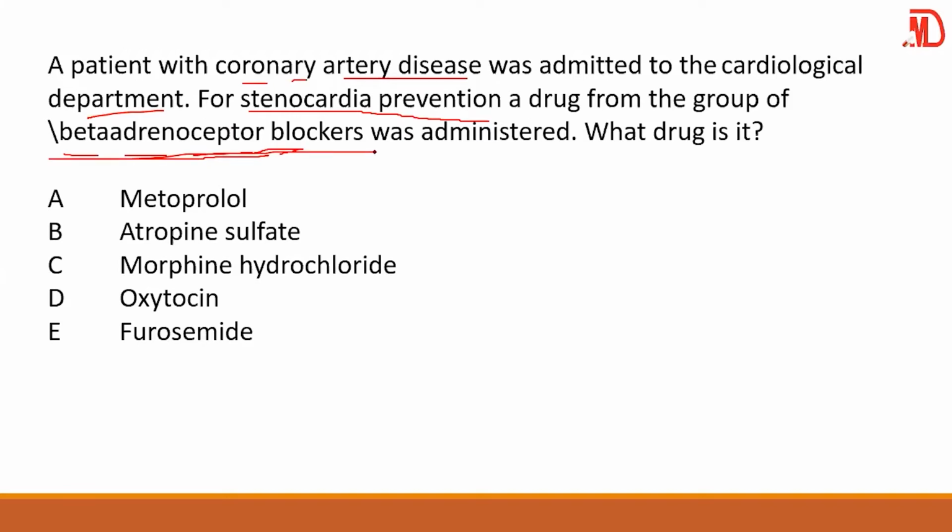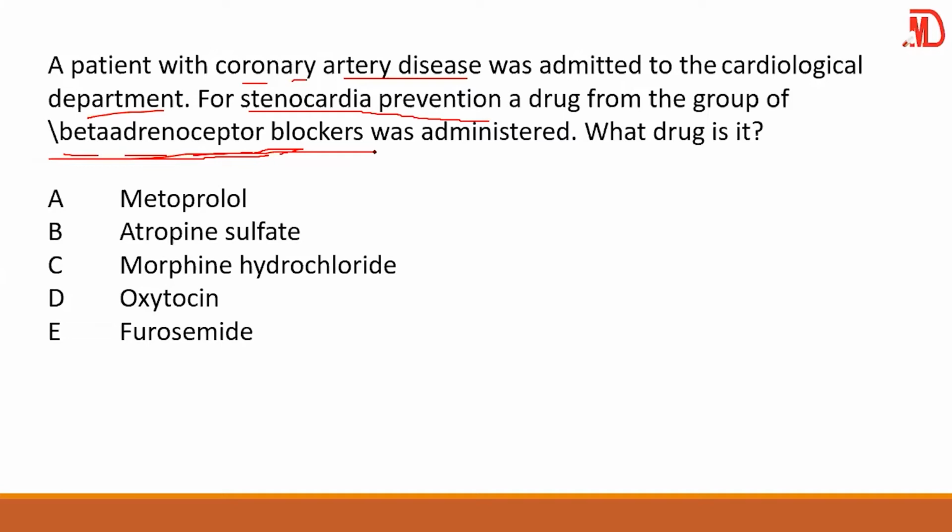So what are you thinking about? A beta blocker that can help the heart to relax and not be in pain. Example is what? Metoprolol, or propranolol, or anaprilin. Yesterday we made mention of all these beta blockers.